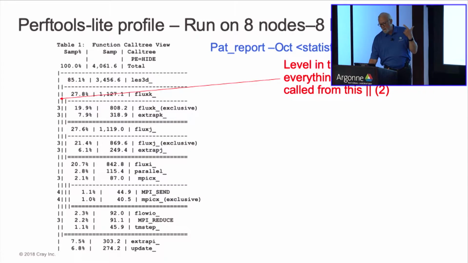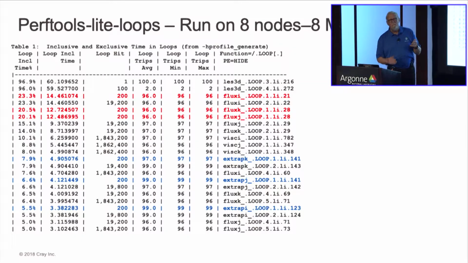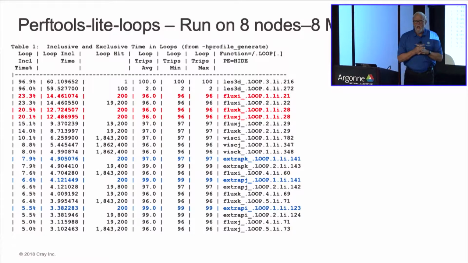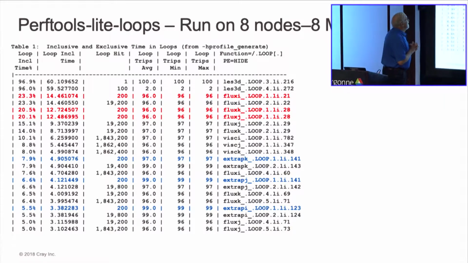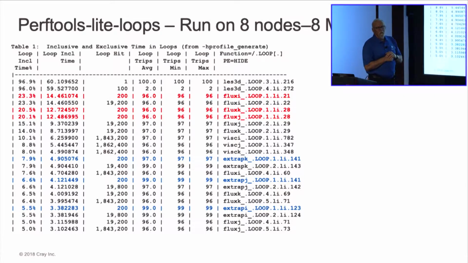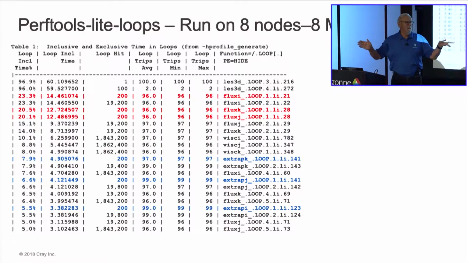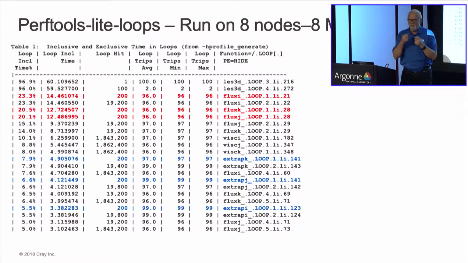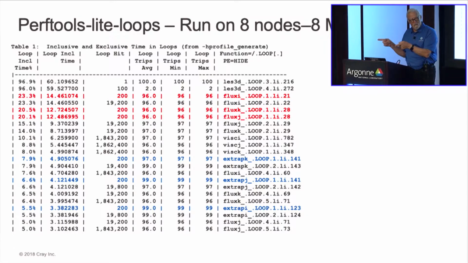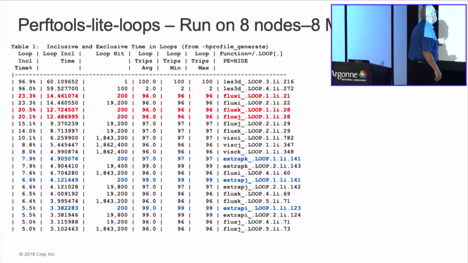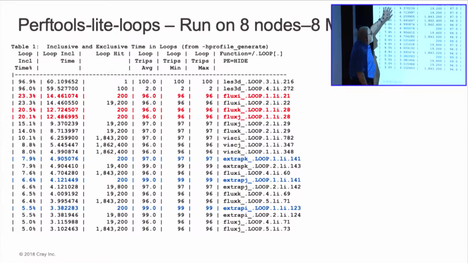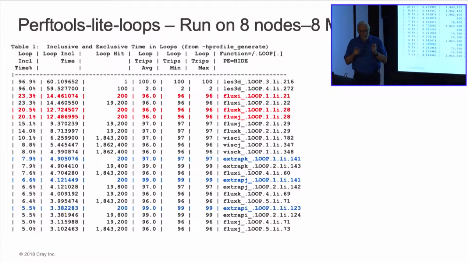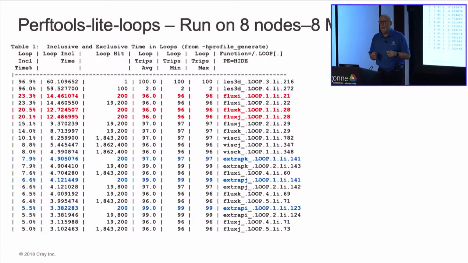You'll see where this is extremely important when we go to GPUs. All right, the next thing I want to show you is a totally different run. I have to unload Perftools-lite, and I have to load Perftools-lite-loops. Perftools-lite-loops now gives me a profile of the loops that use most of the computational time.